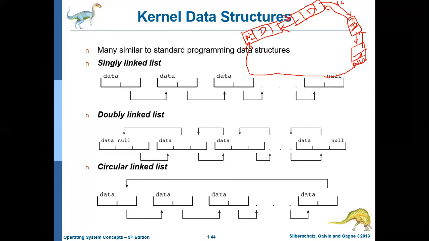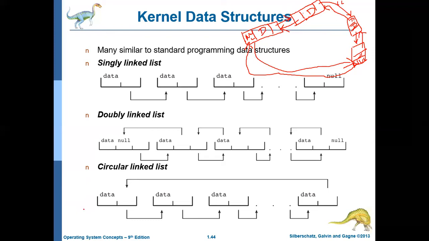If the last node is connected to the first node, then it is called a singly circular linked list. For a double linked list, if the last node is connected to the first node, and the first node is also connected to the last node, then it is called a doubly circular linked list.